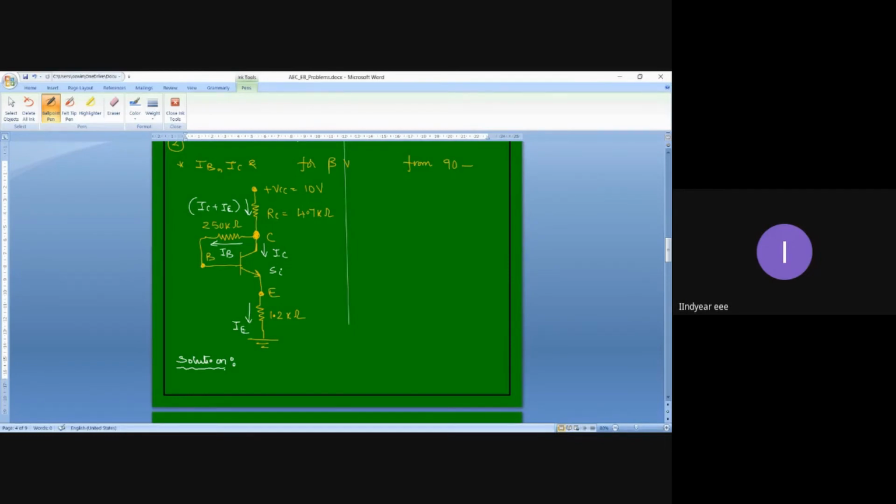You need to find out the base current first. I want you to roll back to the collector to base bias circuit. Just let me know what you get as the base current expression.